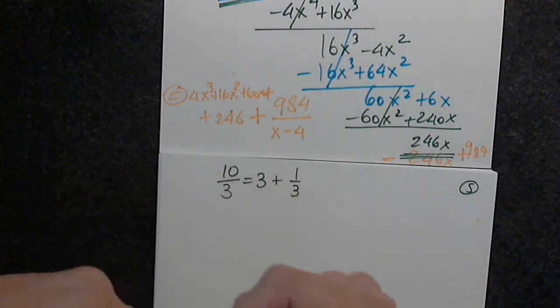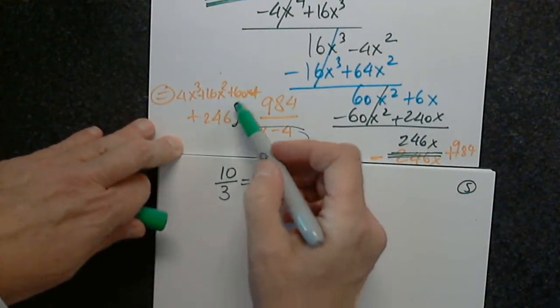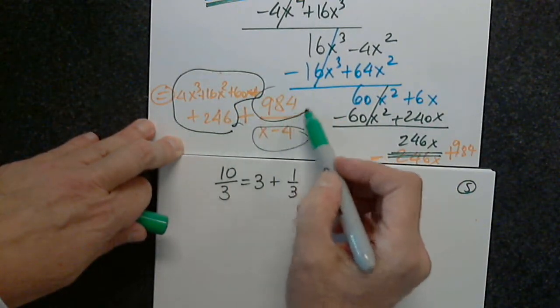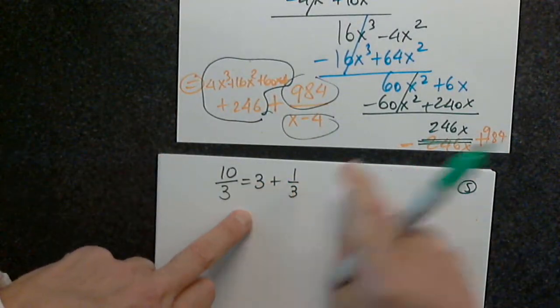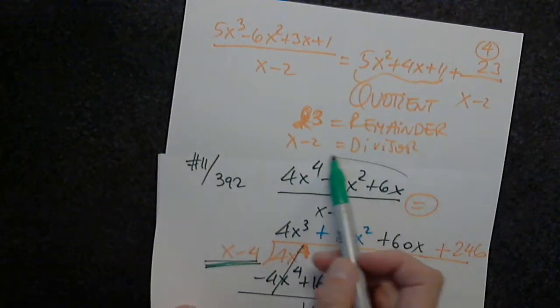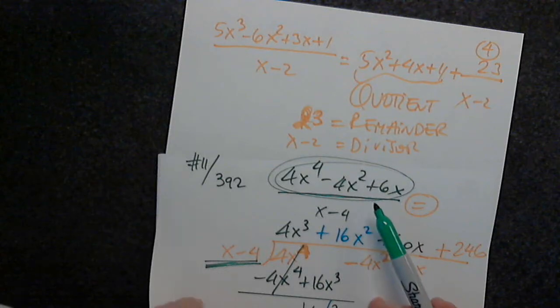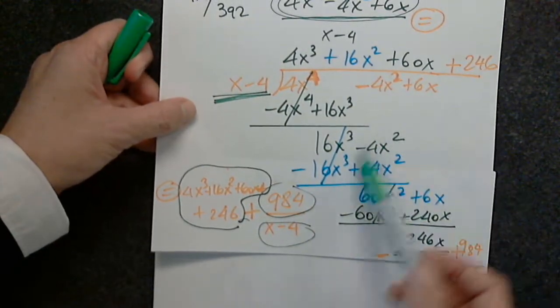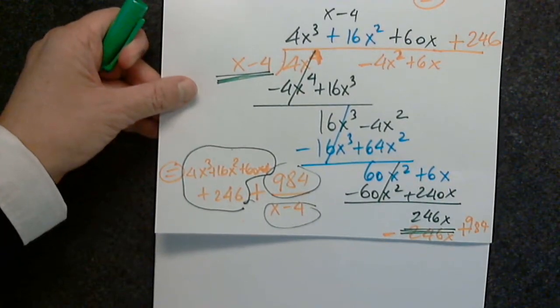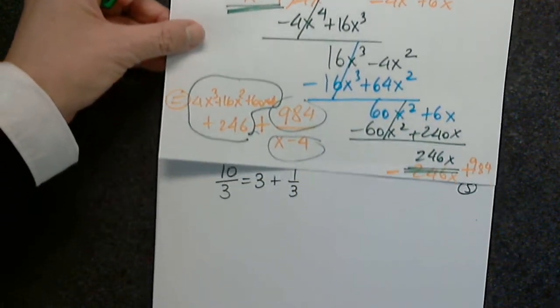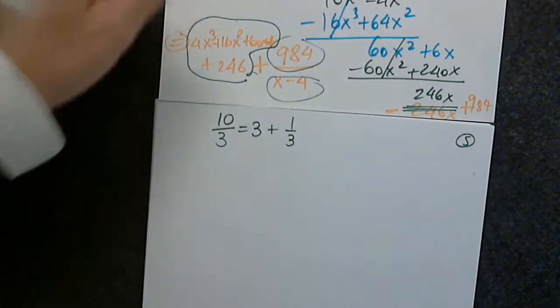In the same way, I will verify this. X minus 4 multiplied by the whole quotient and plus 984, like 3 times 3 plus 1, must equal this. If it does not equal that, everything I've done, I have to erase it and start from scratch. So let's check one of them.